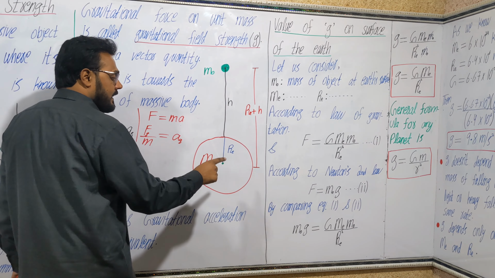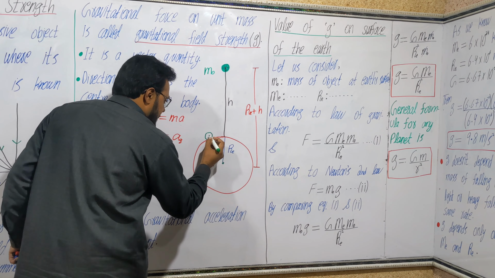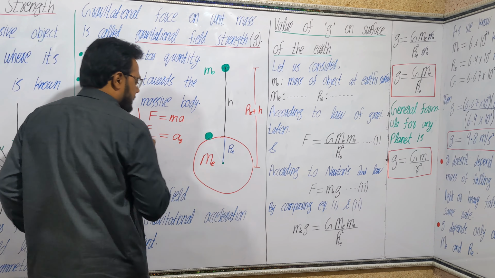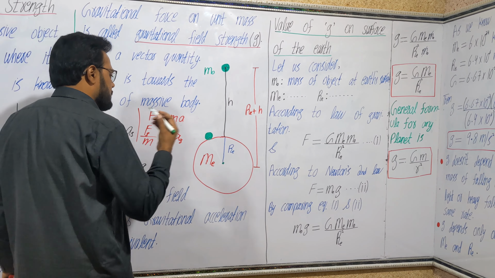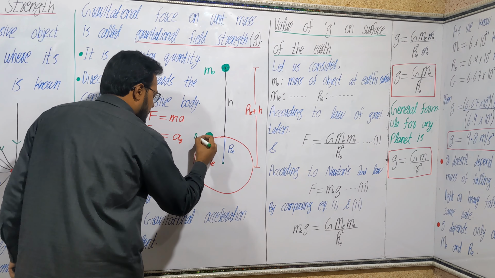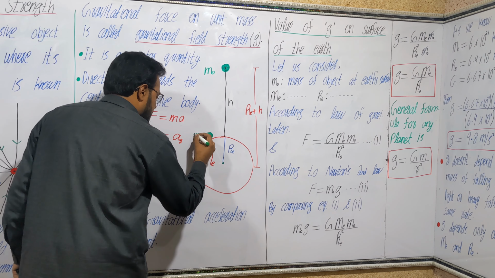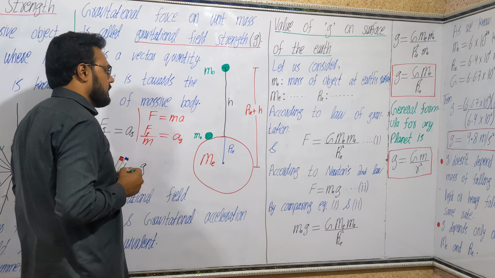So this is the earth. Now we want the value of g when the object is on the surface of the earth, and the mass of the object is, for example, m0. m0 is the mass of the object.